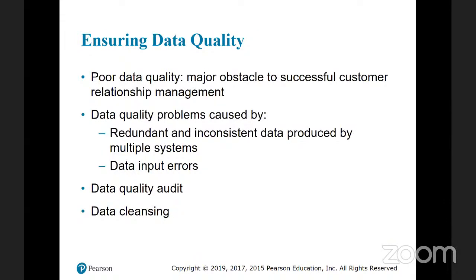And in that context, it's super critical to have good data quality, because if not, it can impede the customer relationship management process. It's important not to have redundant or inconsistent data. It's good to have one enterprise resource planning system that will reduce the likelihood of input errors.